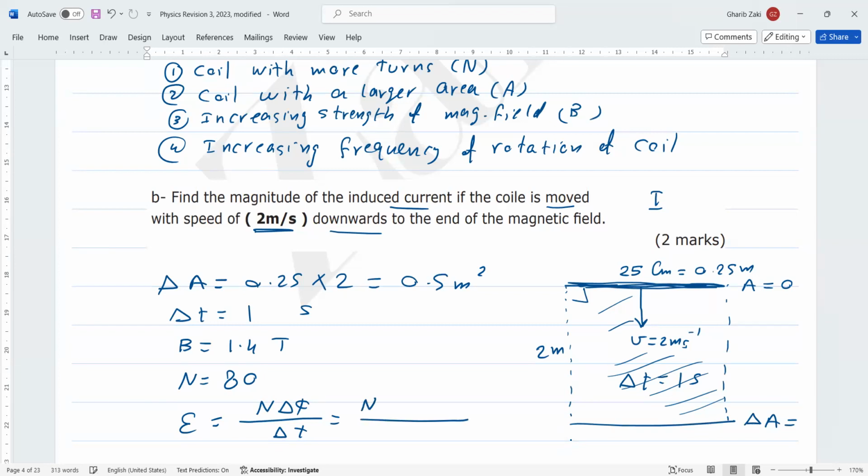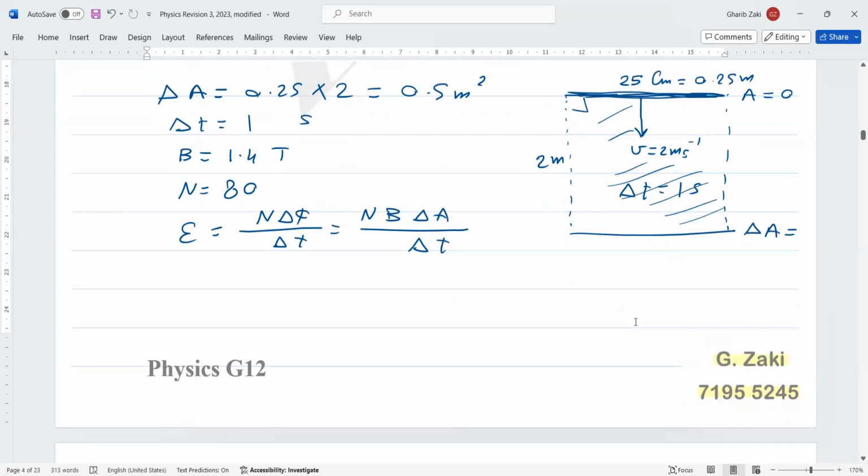So it's N B delta A by delta T. N equals 80, multiplied by B, 1.4, delta A, 0.5. Delta T is 1. Then the answer is 56 volts.